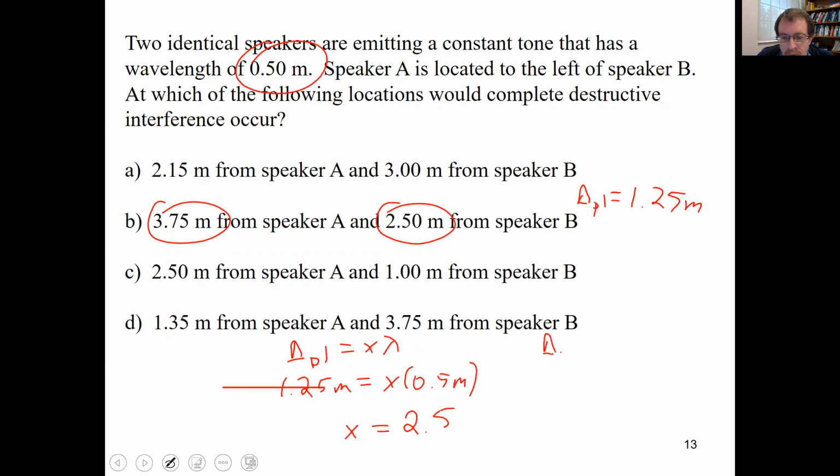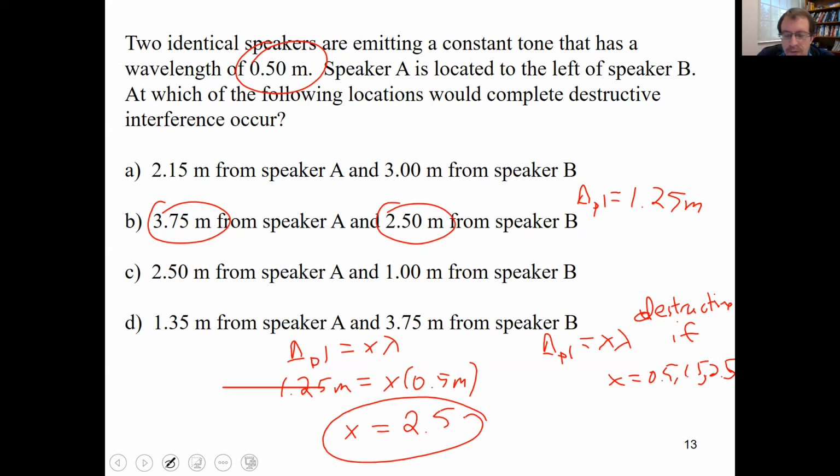It says that this is destructive if X equals 0.5, 1.5, 2.5, 3.5, so on and so forth. And so I've got 2.5 for choice B. As a result, choice B does give me destructive interference. I should hear no noise at that location.